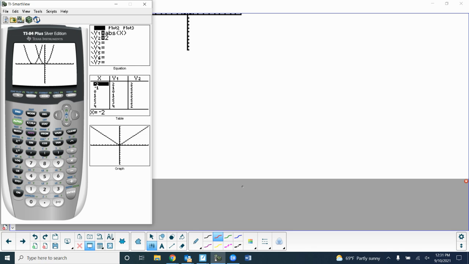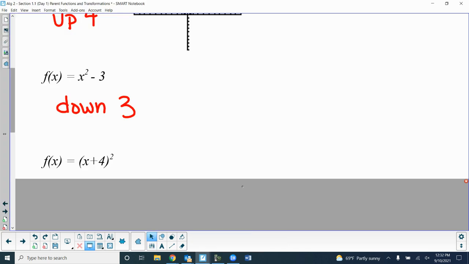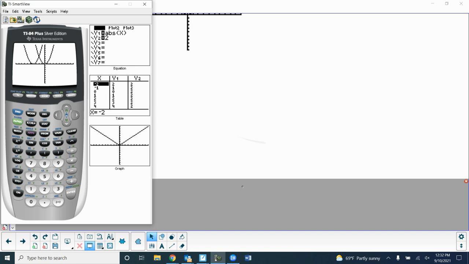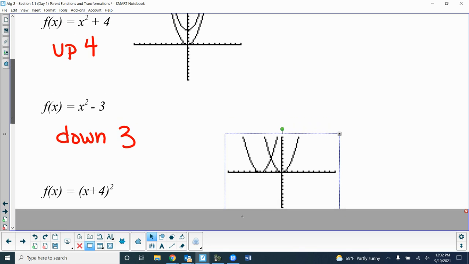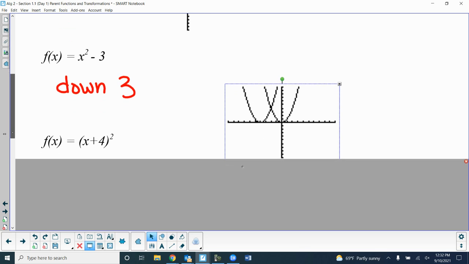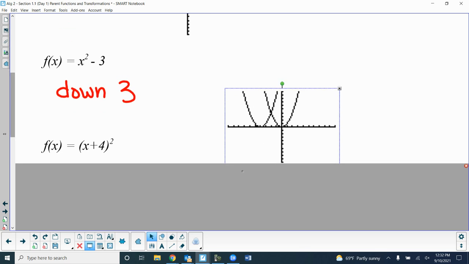What did it do? What happened? When it was outside the parentheses, it went up 4, or outside parentheses down 3. When it's inside the parentheses, what happened? Yeah, it shifted left.